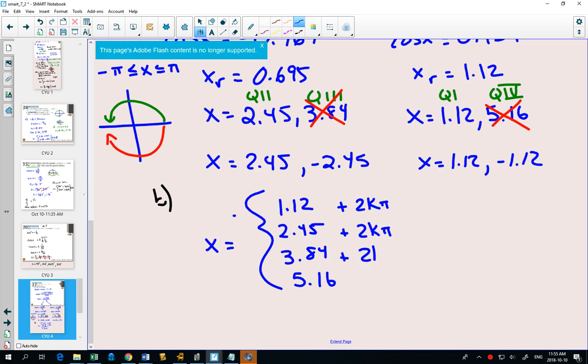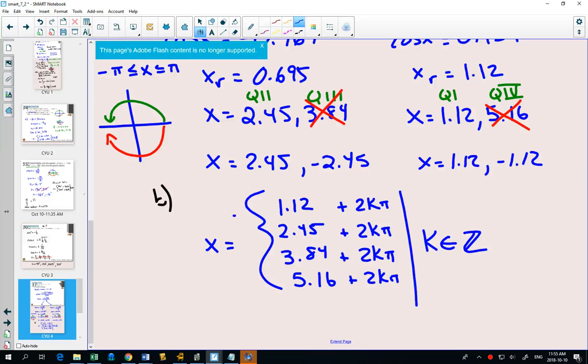Wait, would it be wrong? It would not be wrong if you used the other ones. If you wrote 2.45 and then negative 2.45.